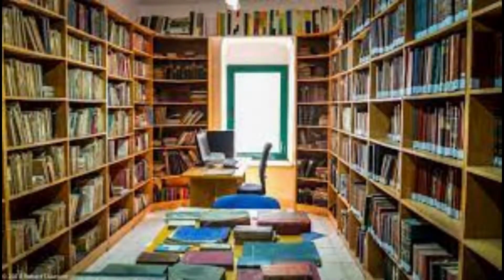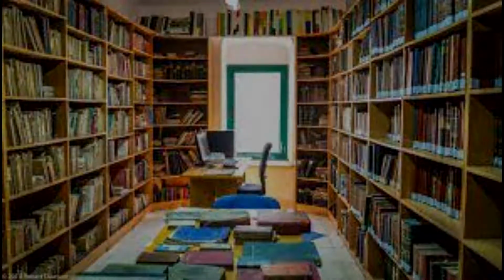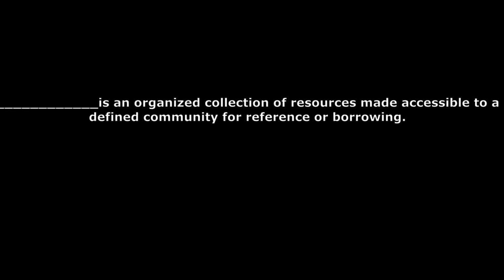For example, in exam they may bring a question such as, dash is an organized collection of resources made accessible to a defined community for reference or borrowing. What are you supposed to fill in the gap? You are supposed to fill in library.